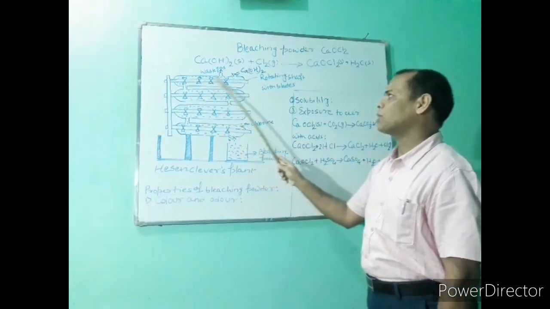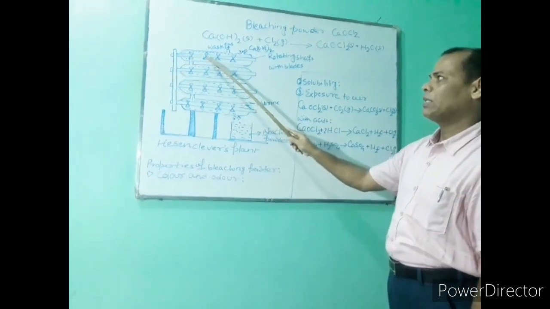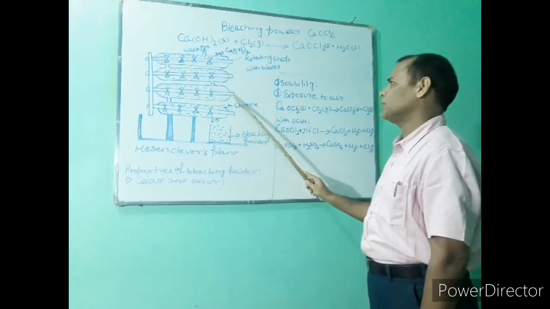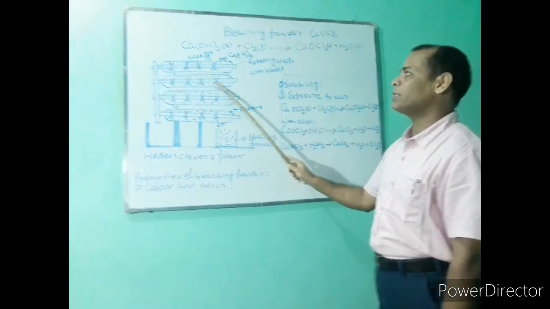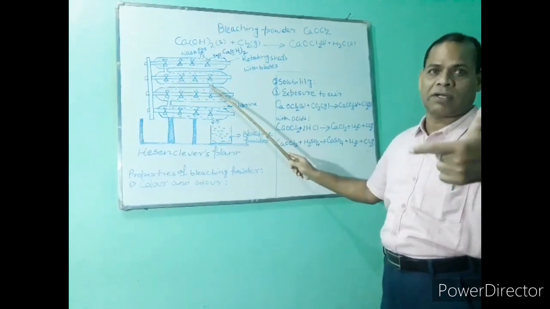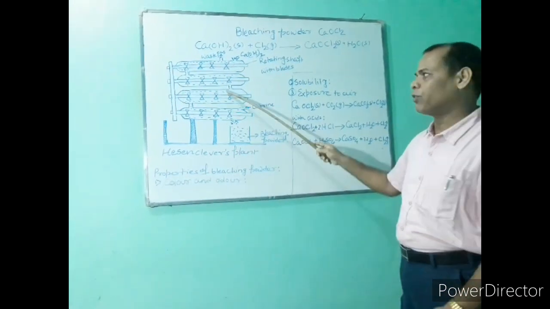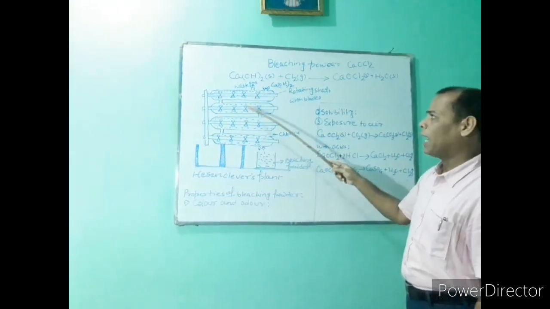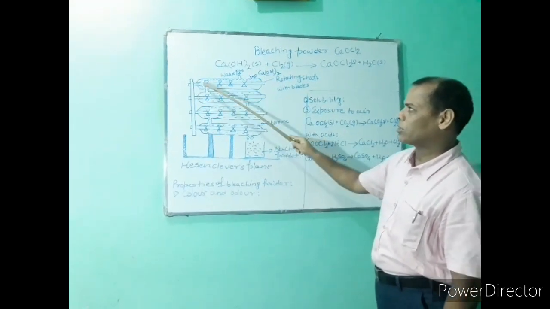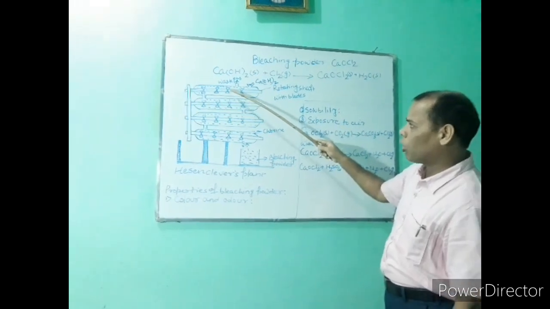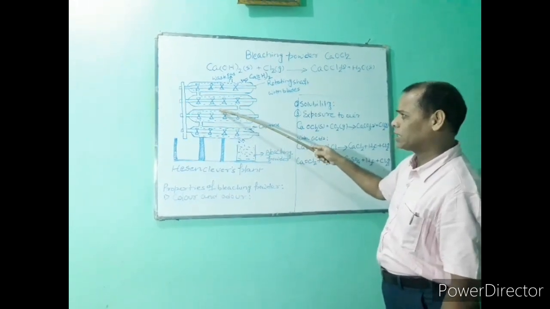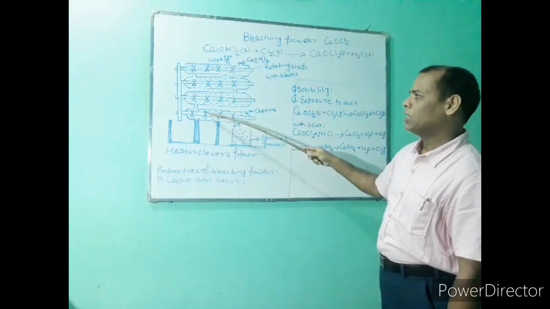These are the shafts having the blades, and they are rotated with the help of a motor. As they rotate, the calcium hydroxide slowly moves from the top of the cylinder to the adjacent cylinder, and again to the adjacent one, and reaches the bottom of the cylinder.